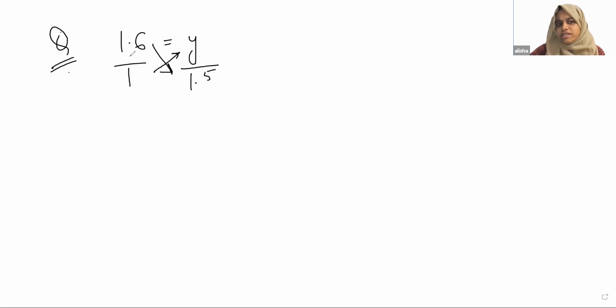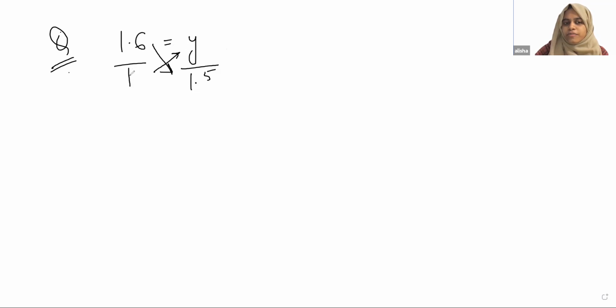So this 1.5 is in division form here, so when it goes from RHS to LHS it will change into multiplication form. Right or wrong? Yes.